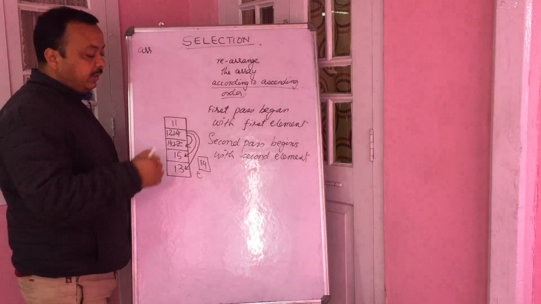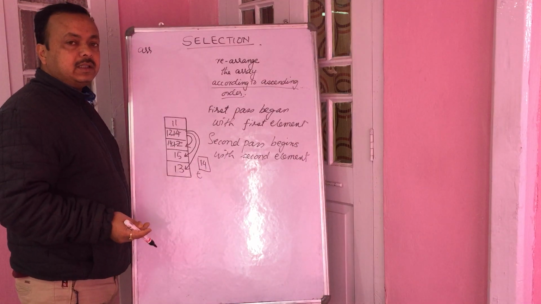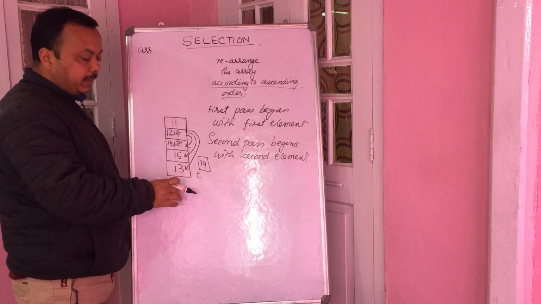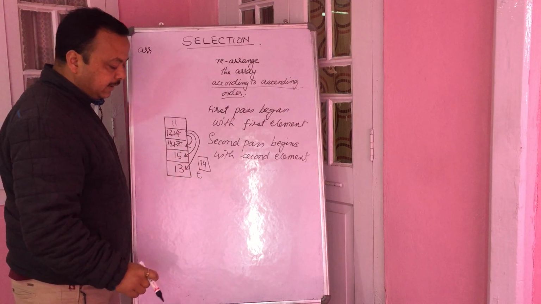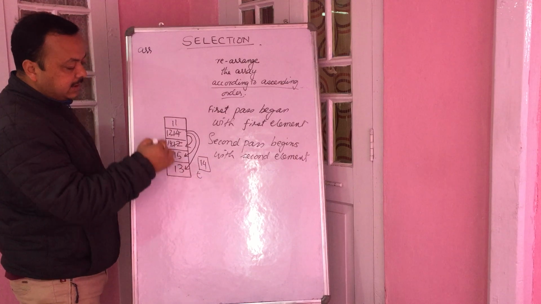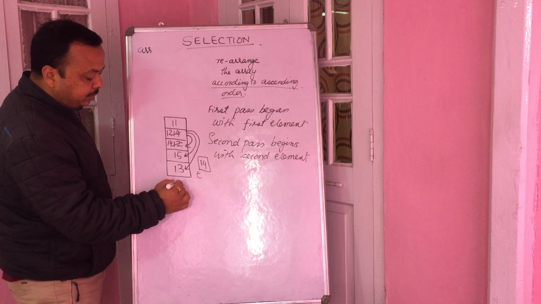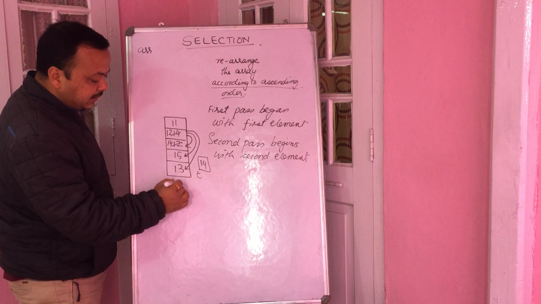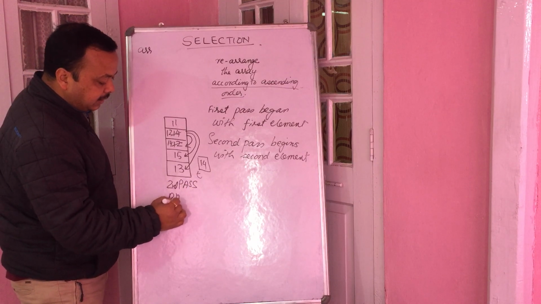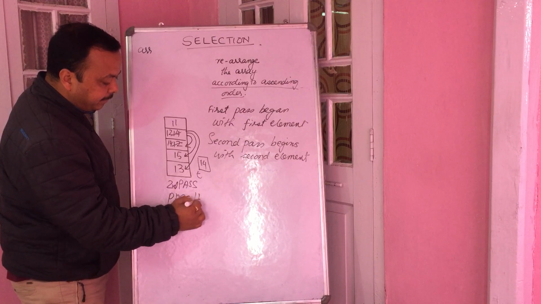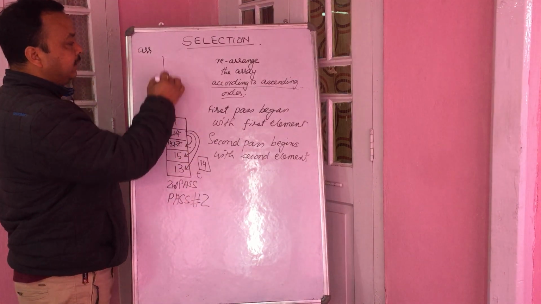But it's not that we will not conduct all the other remaining comparisons. For a particular pass, we have to complete all the required comparisons. So as a result of this second pass, or pass number 2, this is the result.